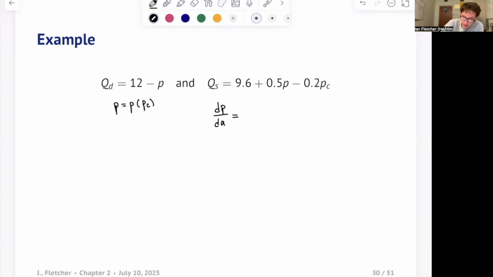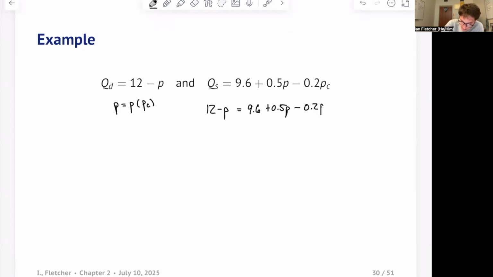So first, we should take a step back and find the equilibrium, or the equilibrium in theory, because we have this quote unquote free floating variable here. We can't find an exact value, but we're going to be able to get 1.5P should equal, and this is where things are going to get a little weird, because we're taking 9.6 minus 12. So I think this should be minus 2.4.